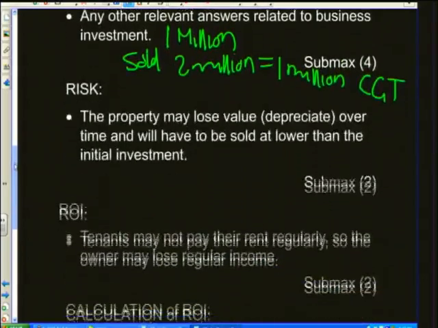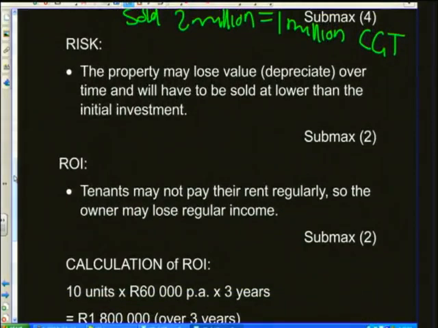The risk. So property may lose value. Depreciation, so that's where the price goes down over time and will have to be sold at lower than the initial investment. A lot of you guys, I'm sure, would have heard of something called the subprime crisis that happened in 2008 that affected all global economies and the whole world went into a recession.